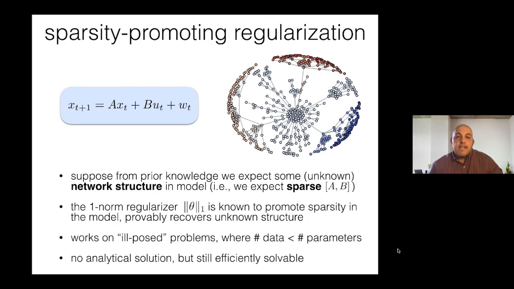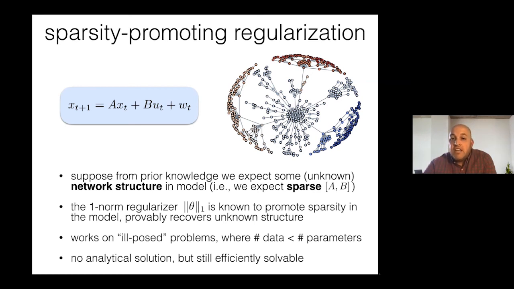And I just want to connect with what Justin Ruths talked about earlier. The second regularizer, this 1 norm regularizer, has a nice property in that it promotes sparsity in the model. So suppose we had that model, this linear dynamical system, and we knew from some prior knowledge that we expected there to be some underlying but unknown network structure.